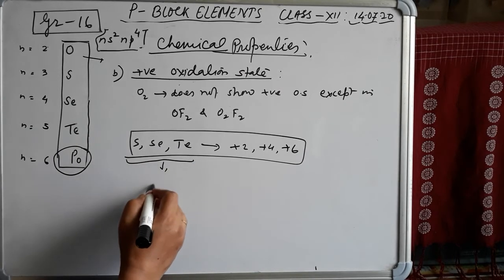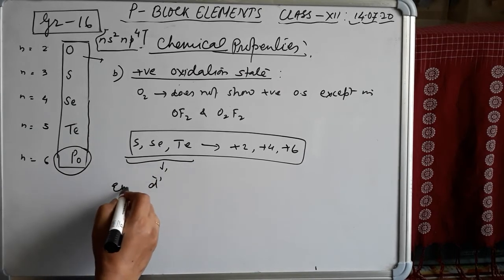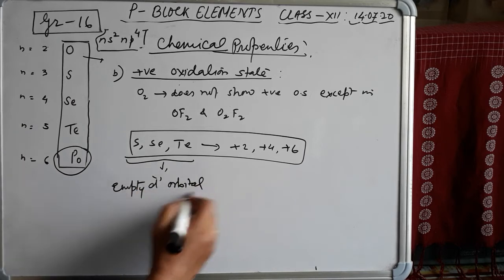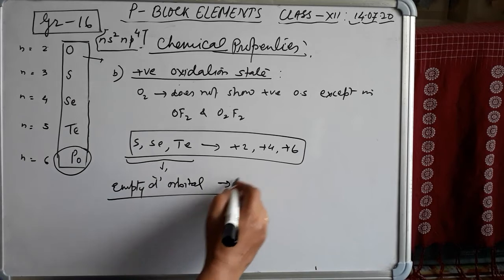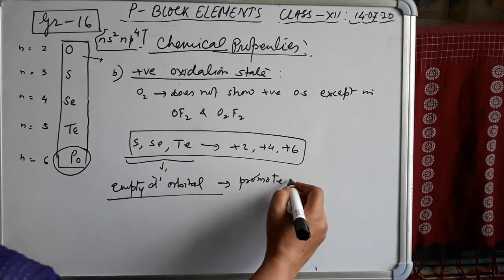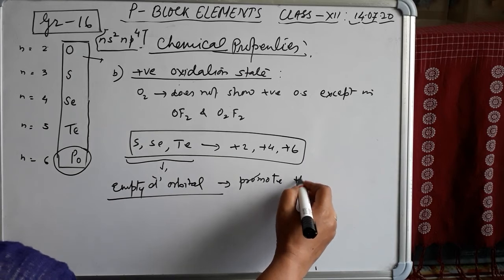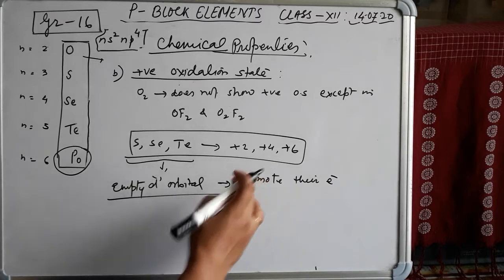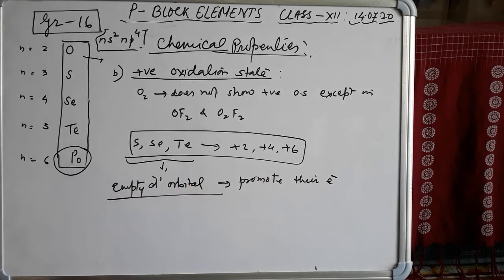All have empty d orbitals, so they can promote their electrons. In this way they can show the oxidation states +2 to +6.